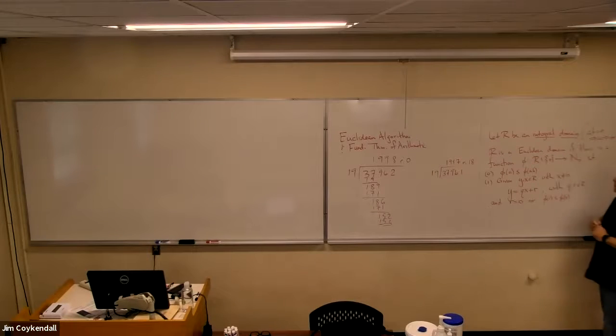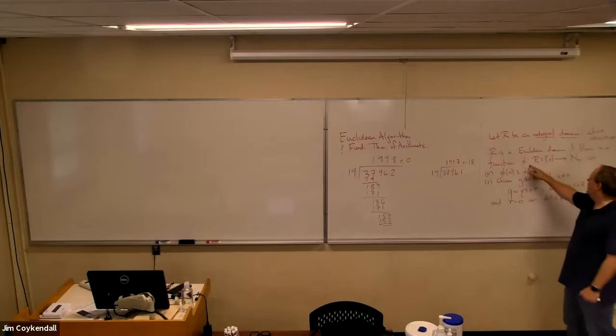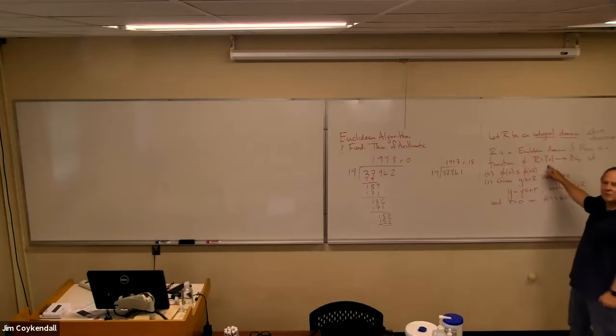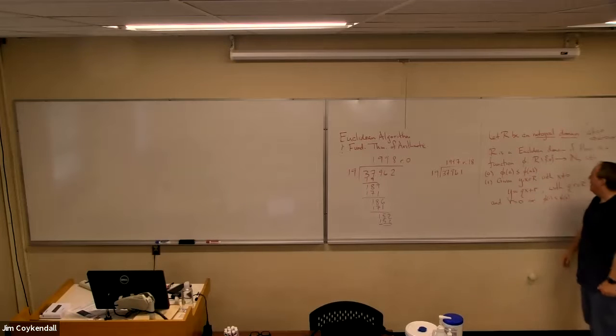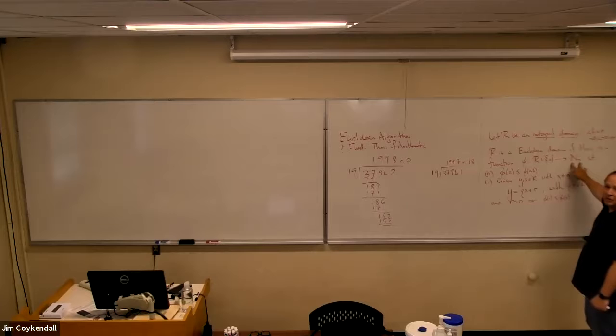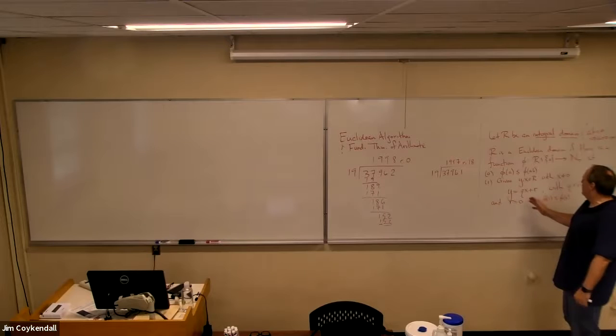Okay. So this function is sometimes called a Euclidean function or a Euclidean norm. And what this means is, in a certain sense, you might think of this as measuring the size of whatever you put in here, the size of A or the size of R. Because its output is going to be a non-negative number from zero on up. And here's the importance of size.